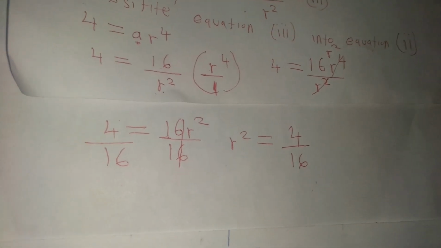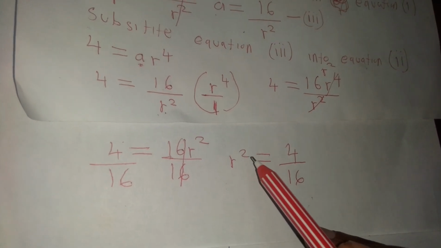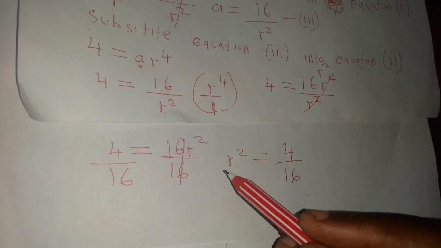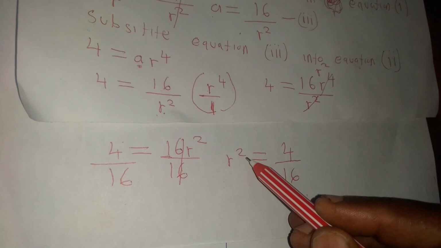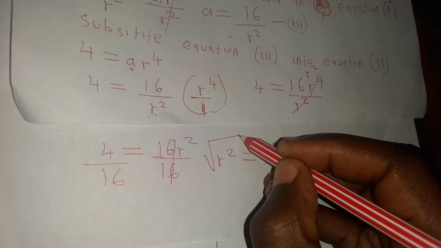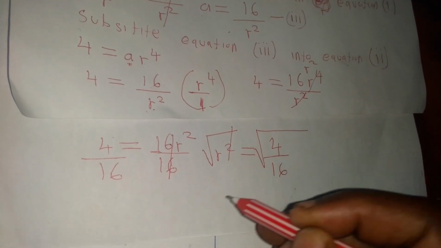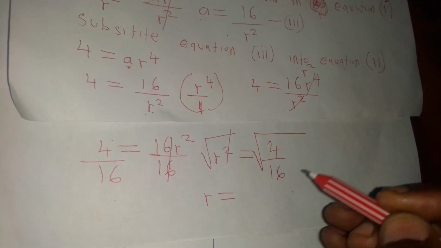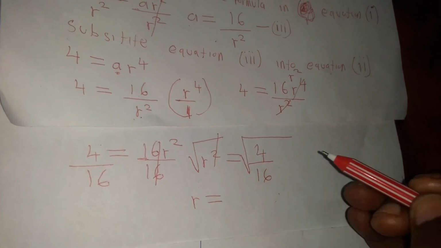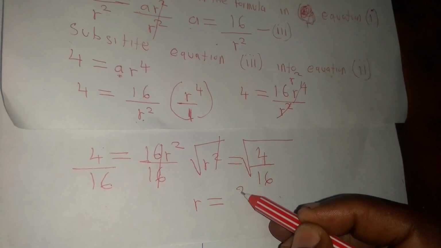Okay, first of all, I don't want to reduce it because here I have the power, I have R to the power 2. Now, how do I remove R to the power 2? You see that? So I'll introduce a square root on this side and a square root on this side. I'll cancel. Then R equals, what is the square root of 4? It is 2.